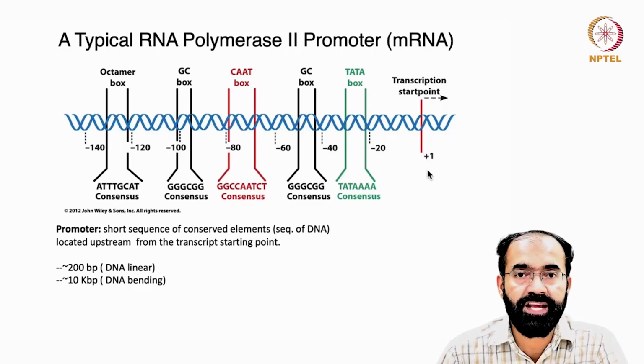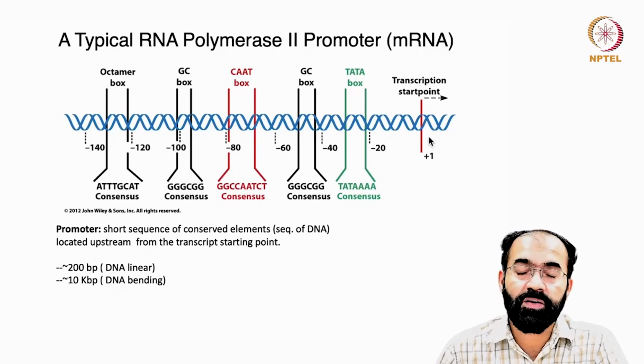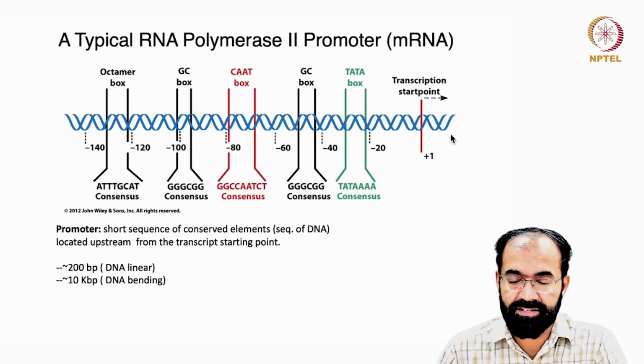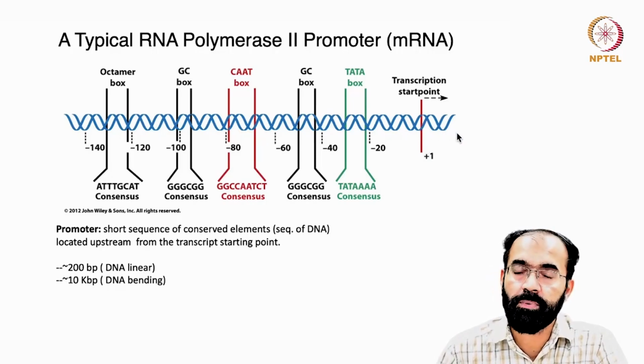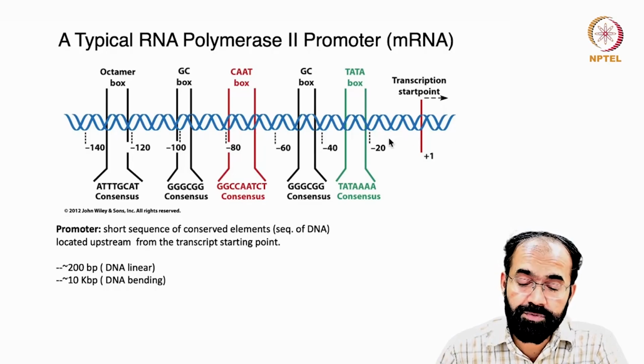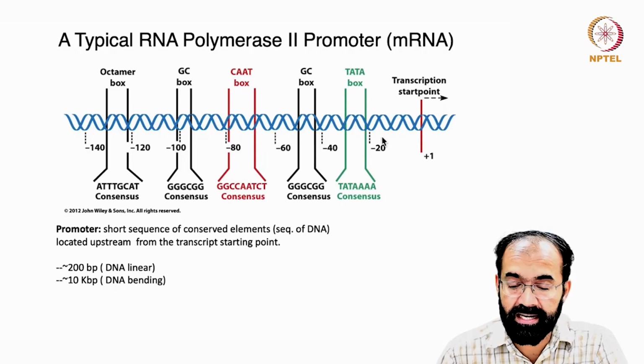That is the first base of the RNA, on this picture of the DNA. So the first base of the RNA is encoded on the template strand. That is what +1 is, and downstream of that you have +2, +3, +4 and so on. Upstream of that you have -1, -2, -3 and so on.